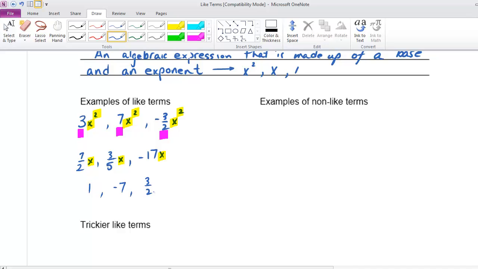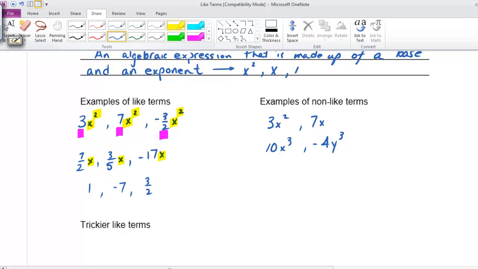Okay, let's look at some examples of non-like terms. 3x squared and 7x. 10x cubed and negative 4y cubed. Here's a couple of examples. Now each one of them satisfies part of the definition, but not the other part.